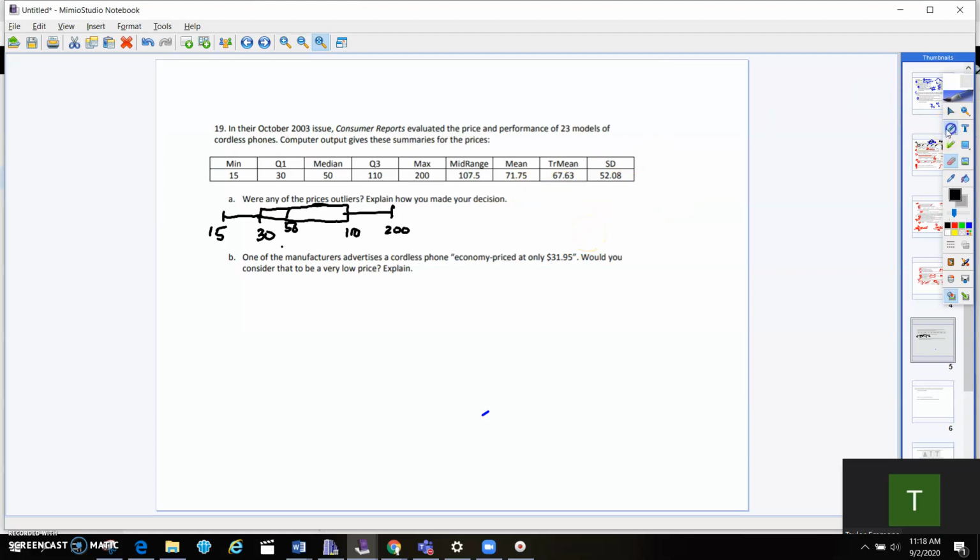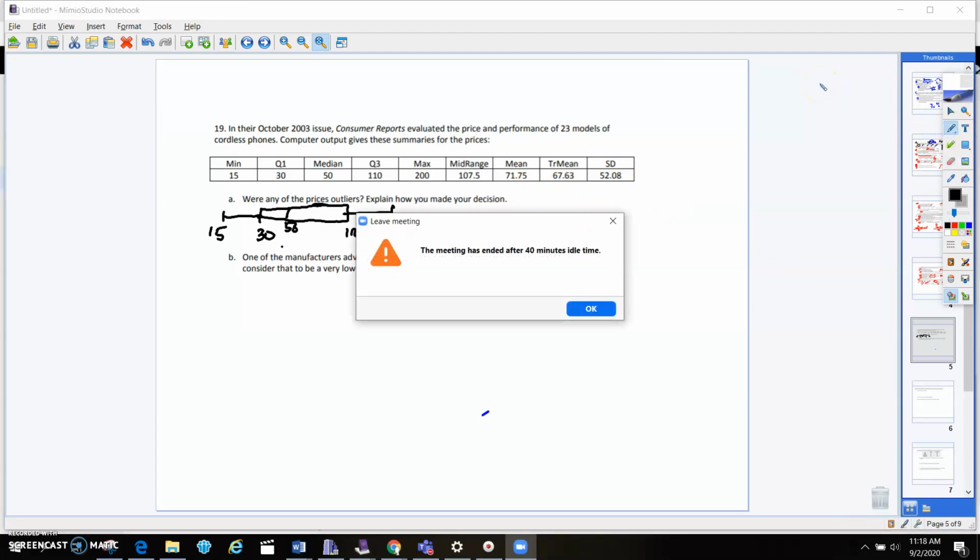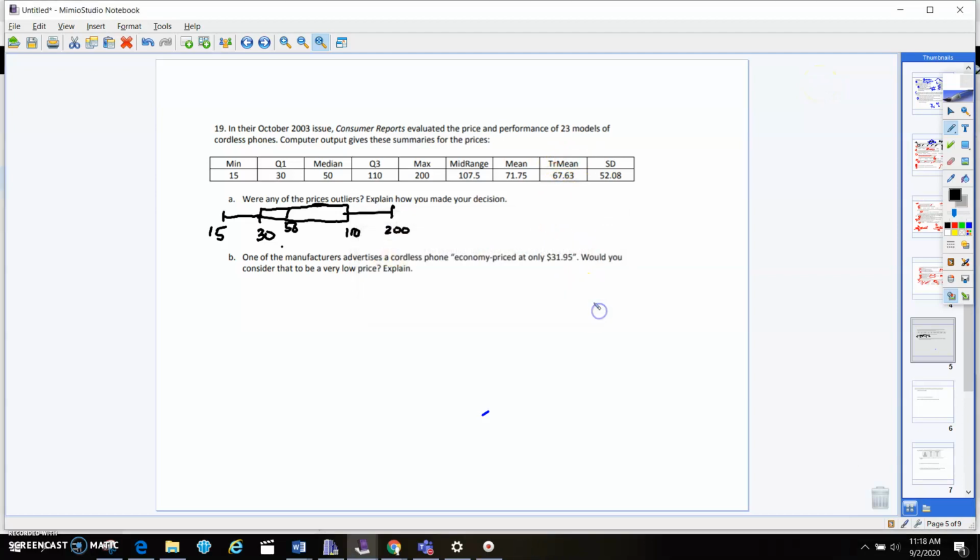So now I'm going to use my formula for outliers, which is Q1 minus 1.5 times Q3 minus Q1, and then Q3 plus 1.5 times Q3 minus Q1.